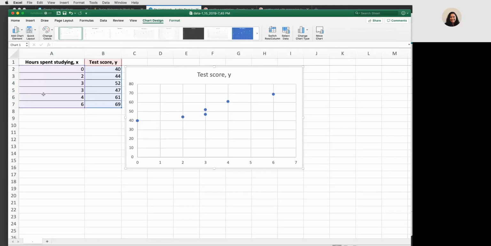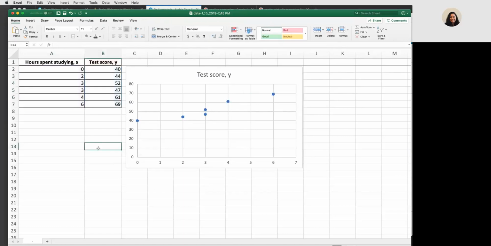Now, for mine, you don't have to do it. But for some versions of Excel, sometimes you have to click on an actual dot so that the dots, do you see how there's little circles around the dots now? Does everybody see that? Yeah. Let me do it one more time. Right now there's no little dots. I'm going to click on a dot, and it gives you those dots.